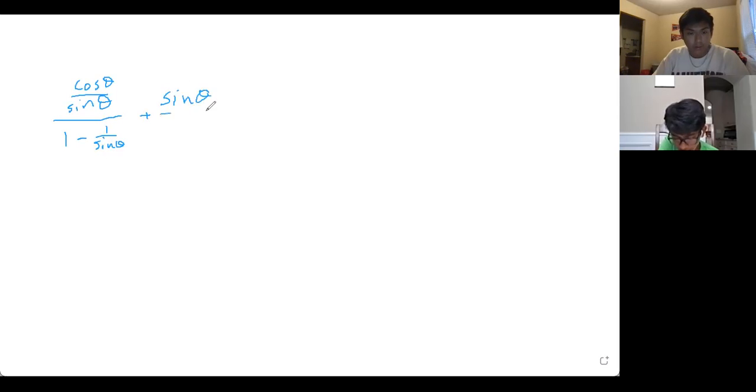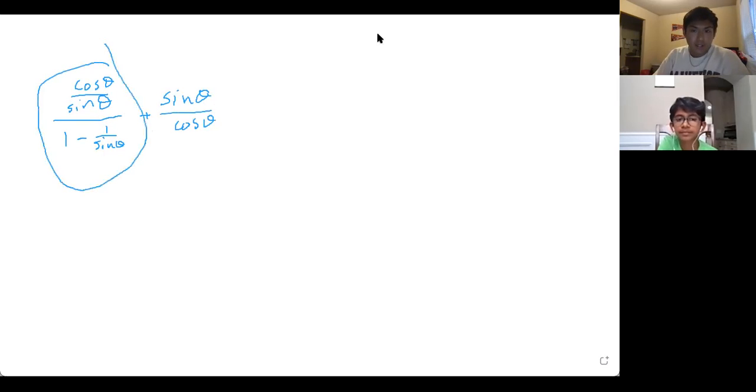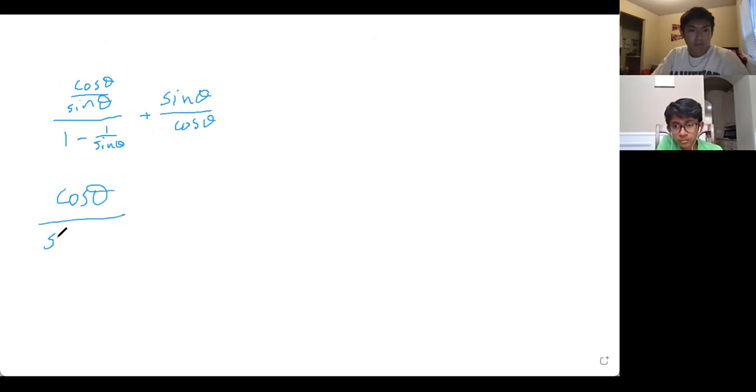Okay, wait. You're going really fast. So you got something like this. Sorry, I was trying to write it. Okay, then you said you want to simplify this. Good call. What did you get? Cosine over sine. No. This?